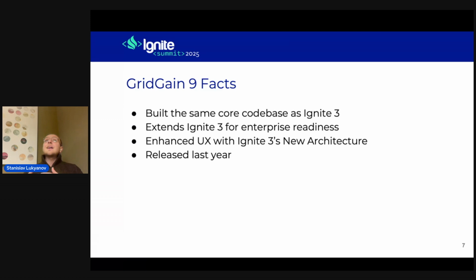It also enhances the user experience for GridGain users. If some of you are GridGain users already, users of GridGain 8, you will see that GridGain 9 greatly enhances user experience, and this is all based on the great additions that we have from Ignite 3 itself.